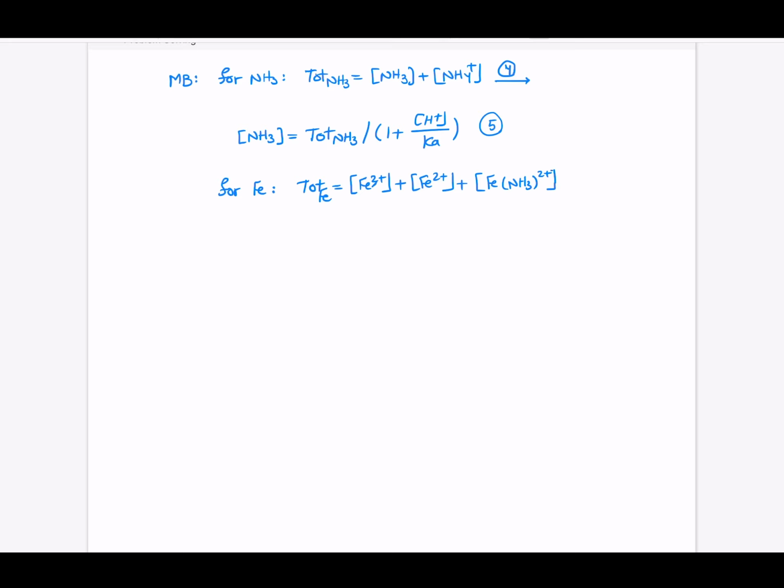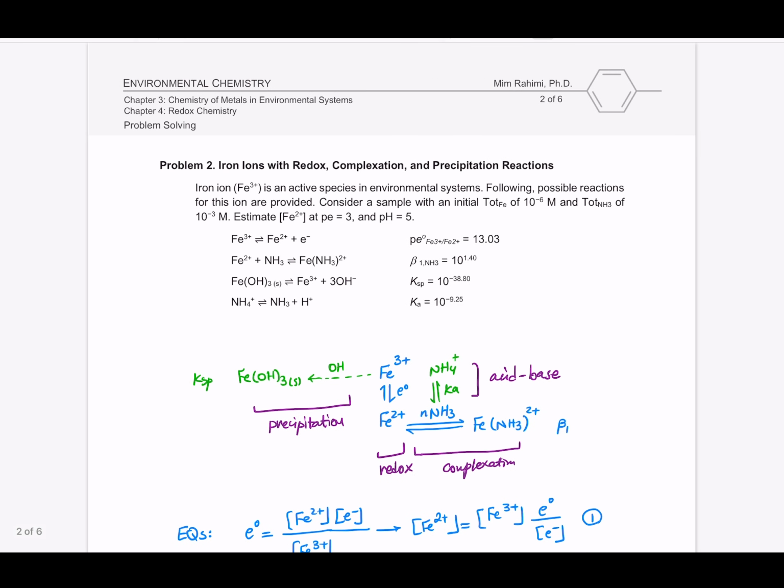That's the only species of dissolved iron we have. So we have either this, or this. This one, we're still not working with. This is what takes iron out of the solution.